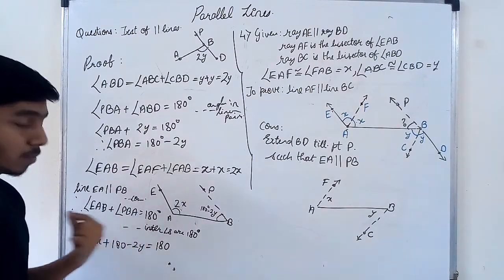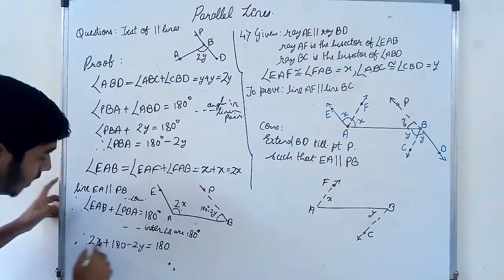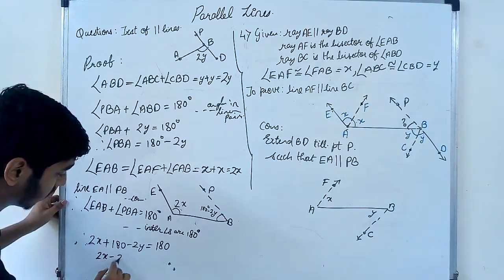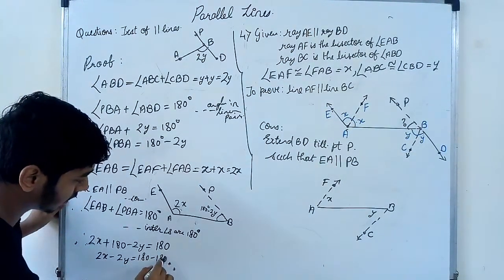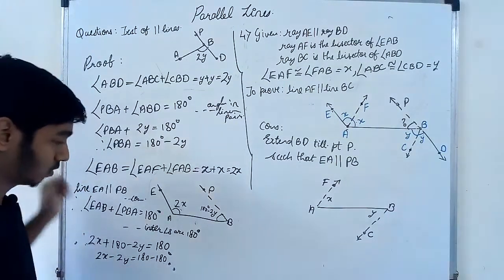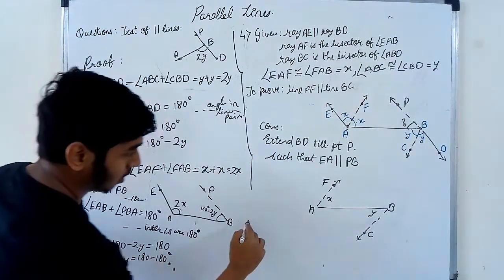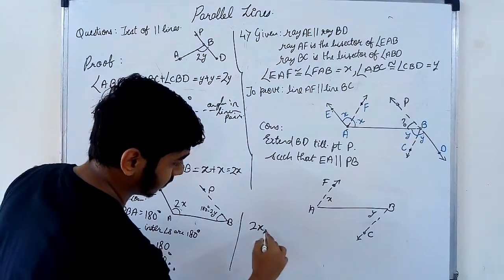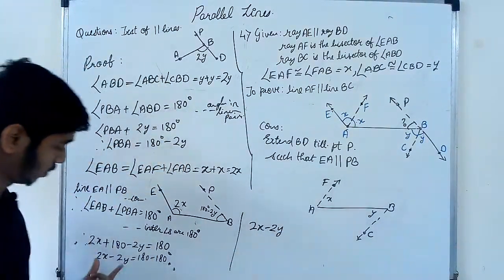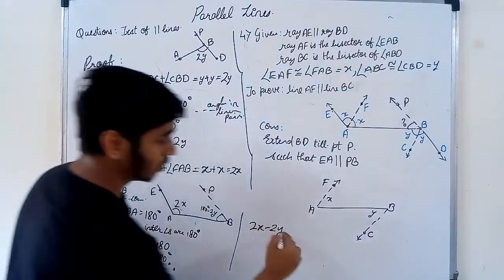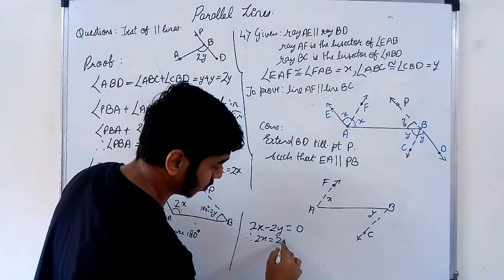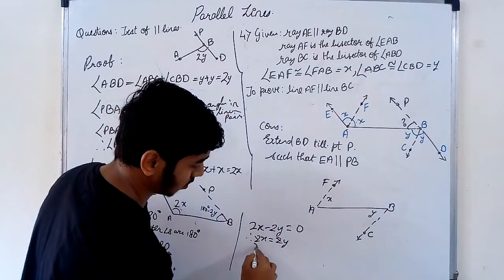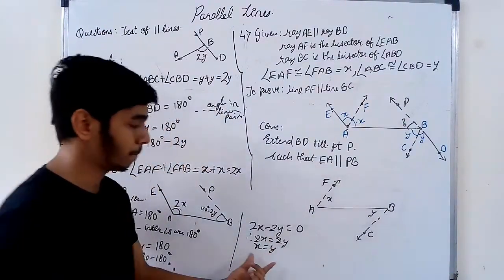Now 180 on both the sides, so let's take 180 on that side. So you get 2x minus 2y equal to 180 minus 180. 180 minus 180 is 0, so we get 2x minus 2y equal to 0. Therefore 2x is equal to 2y, so 2 gone, so x equal to y, correct?